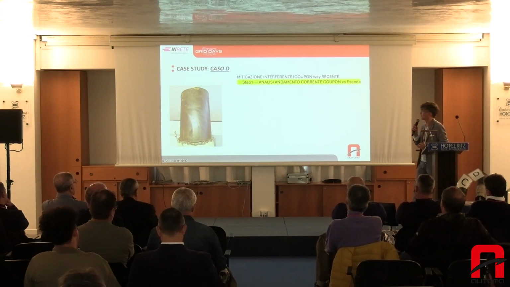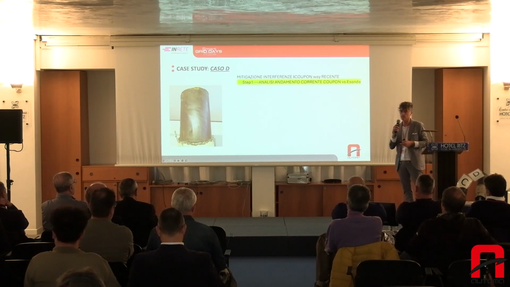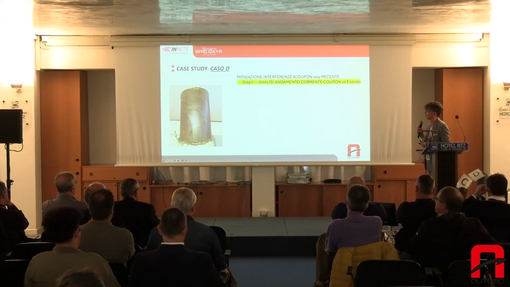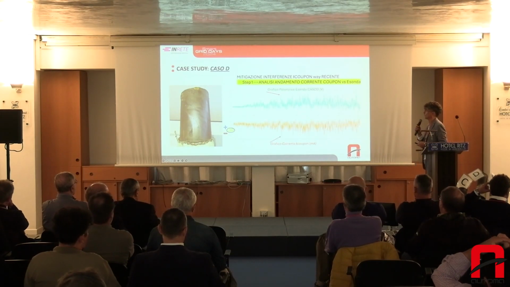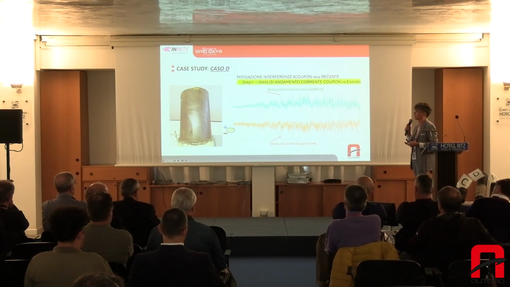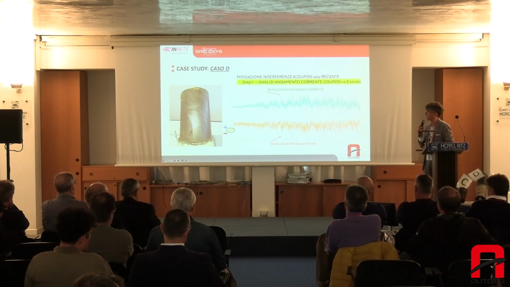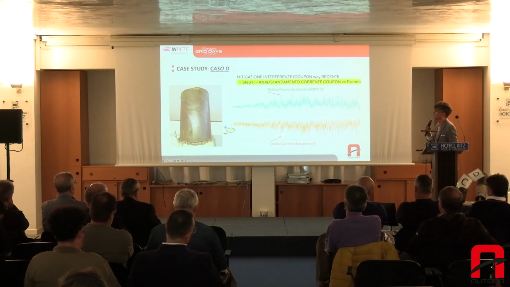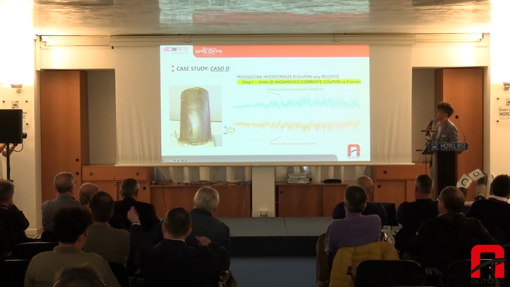So as a first step, I analyze the trend of the current on the coupon versus the E potential. And the graph of the E current is like this. This is 0.